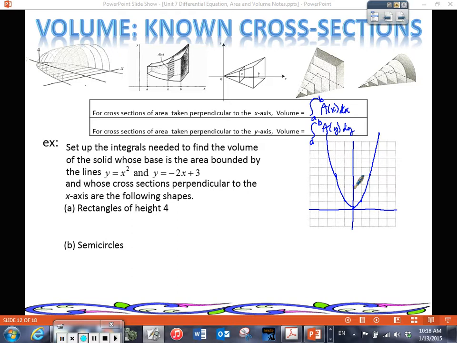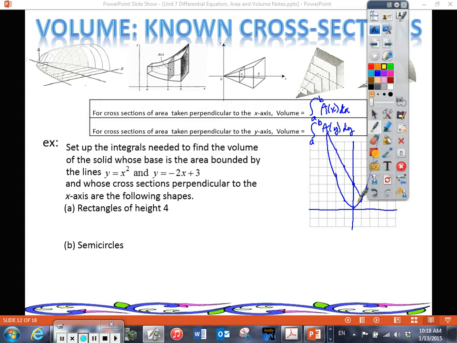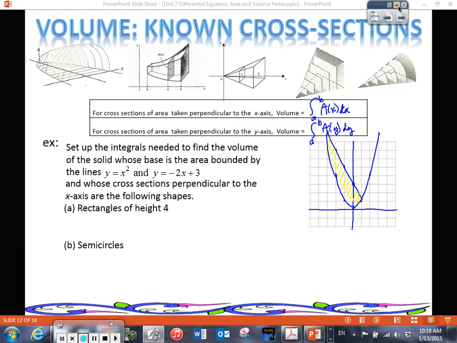So we have a y-intercept of 3 and a slope of negative 2. And our base, and I'll just kind of give it some shading, our base is represented by this closed figure right here. That's our base. We're going to use that base, and we're going to calculate 2 different kinds of cross sections. We're going to use rectangles of height 4. We're going to do that first, and then we're going to do semicircles.